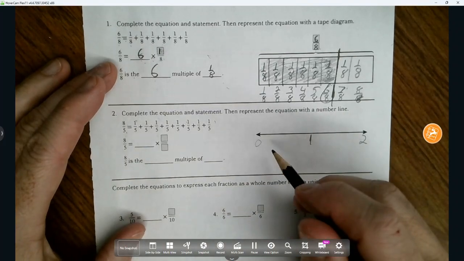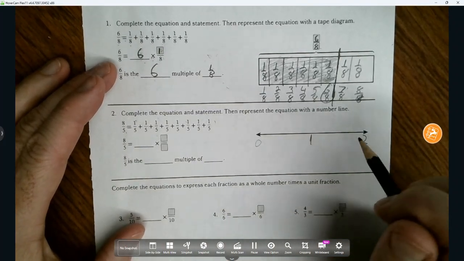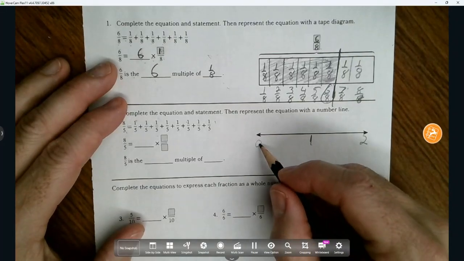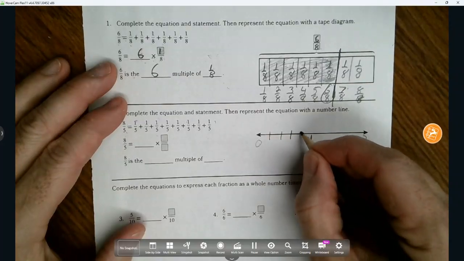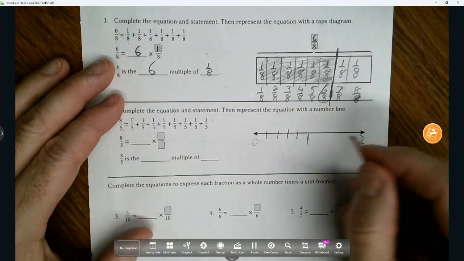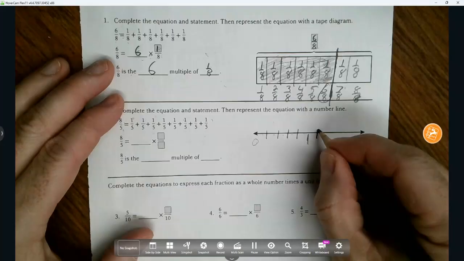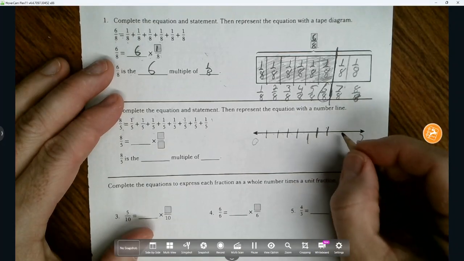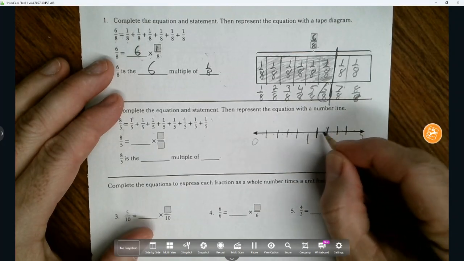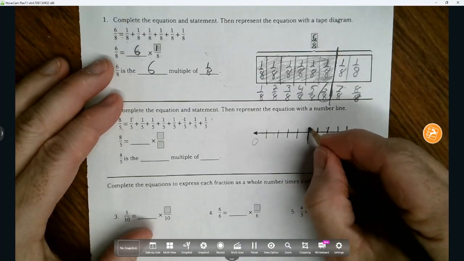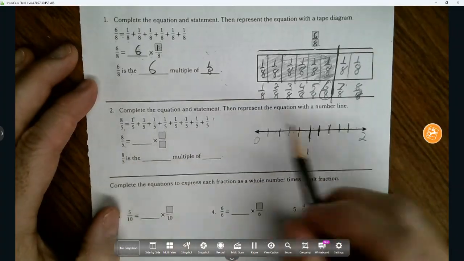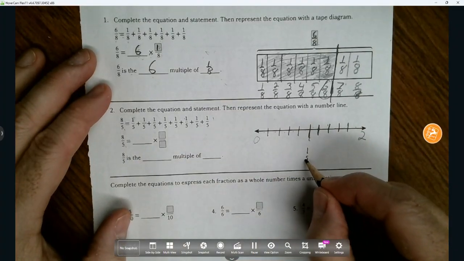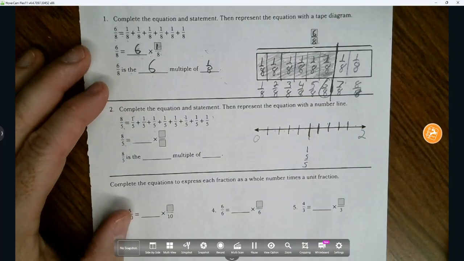You need 5 spaces here, and 5 spaces here. So 1, 2, 3, 4, 5, and 1, 2, 3, 4, 5 spaces. You got to set it up like that with your 1 right there, because it's bigger than 5 over 5. So 1 right here is the same as 5 over 5. So you know it's bigger.